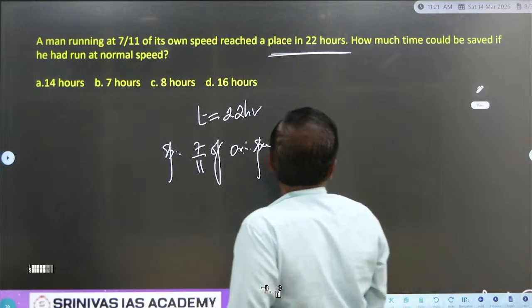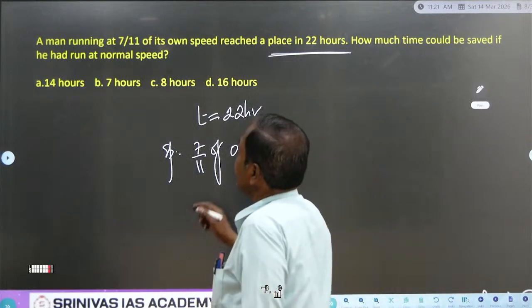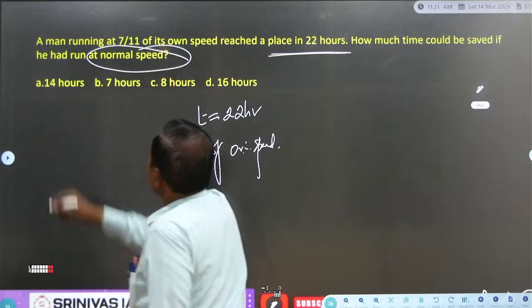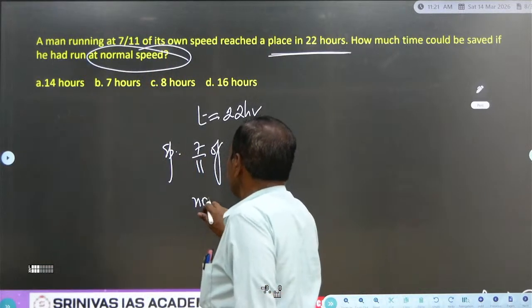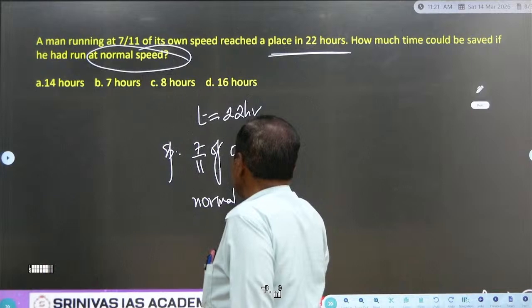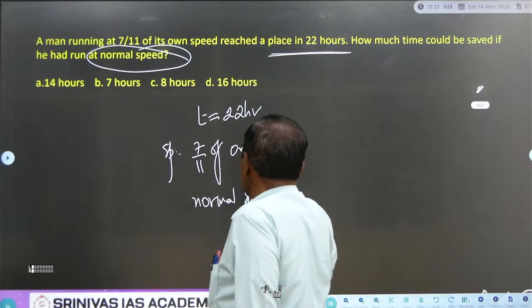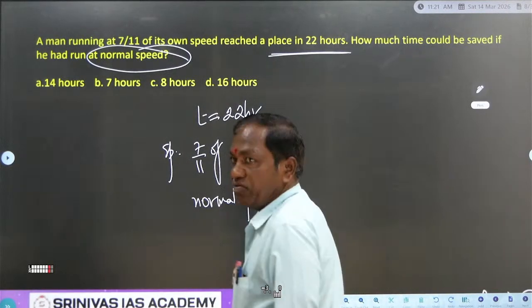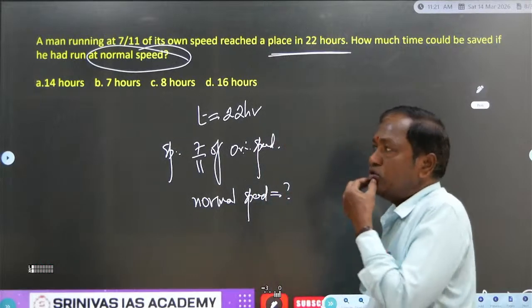But how much time could he save if he had run at a normal speed? Then what is the normal speed? Normal speed or original speed is the same, no? What is the normal, usual speed?